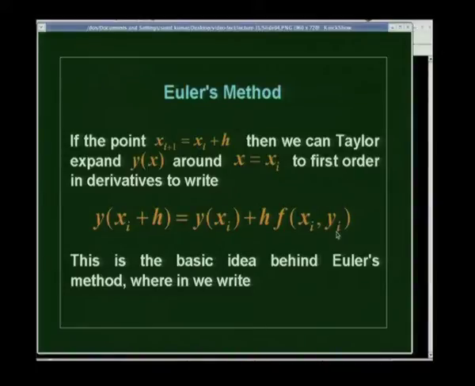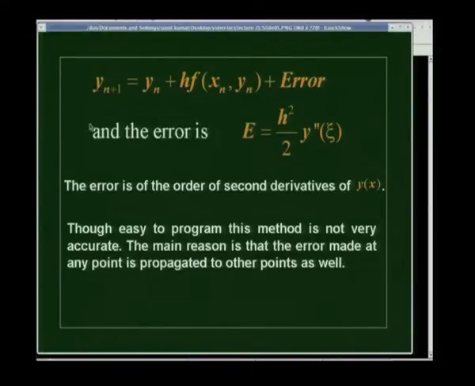Okay, now once we have that, we start with y of x0, and then we keep building the function one point after the other in a serial manner. So we write it as y_{n+1} is y_n plus h times f of x_n, y_n, plus some error term which is of order h squared, y double prime evaluated at some point using the mean value theorem.